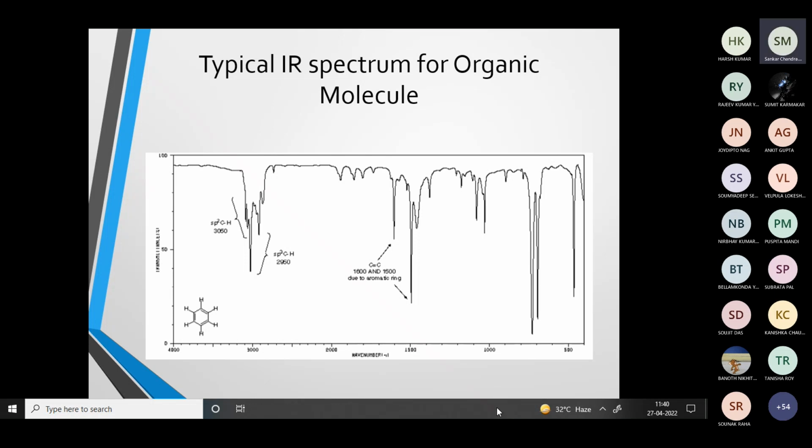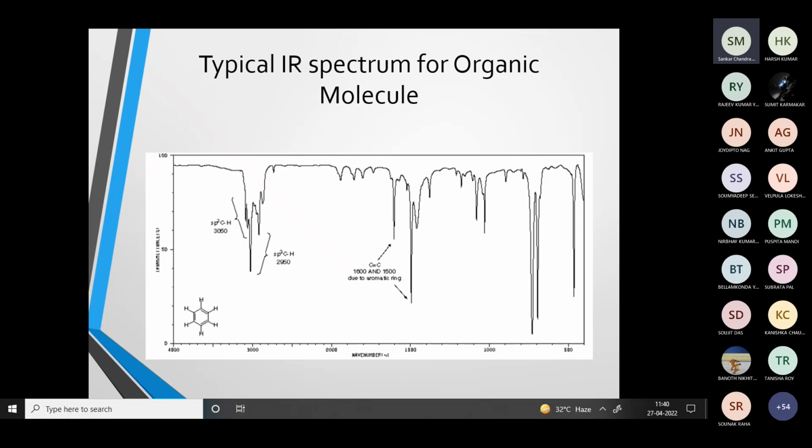Yes, carbon-carbon double bond. They are stretching frequencies, that correspond to the energy that will be absorbed, and the remaining will be reflected. So their corresponding energy is 1500 to 1600. Actually, this is the range. You see here, this is not clearly observed.